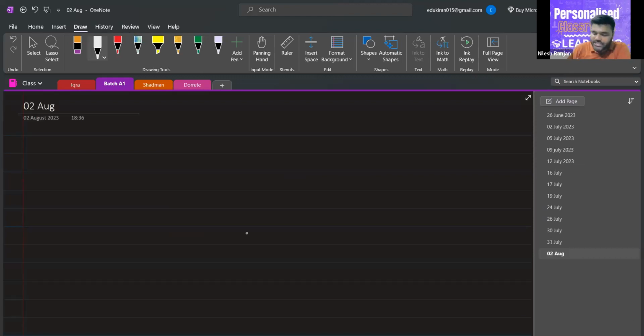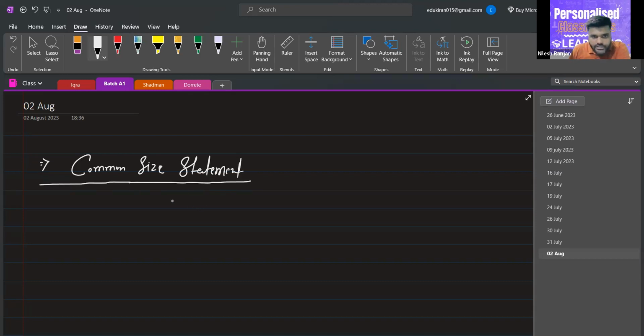What is a common size statement? It is a vertical statement. We already discussed this.